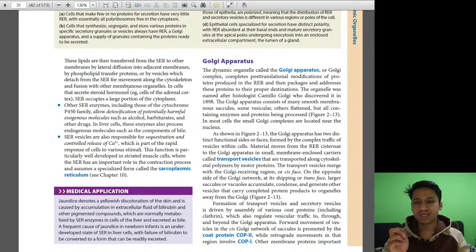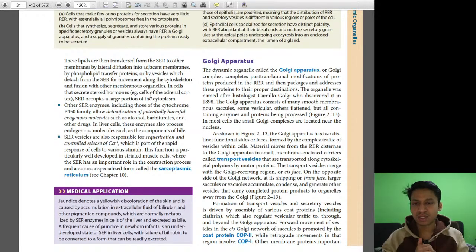In cells that secrete steroid hormones, for example the adrenal cortex, SER occupies a large portion of the cytoplasm. So in cells whose role is to produce steroids, we see an abundance of SER, because of its major function in synthesizing phospholipids and steroids.